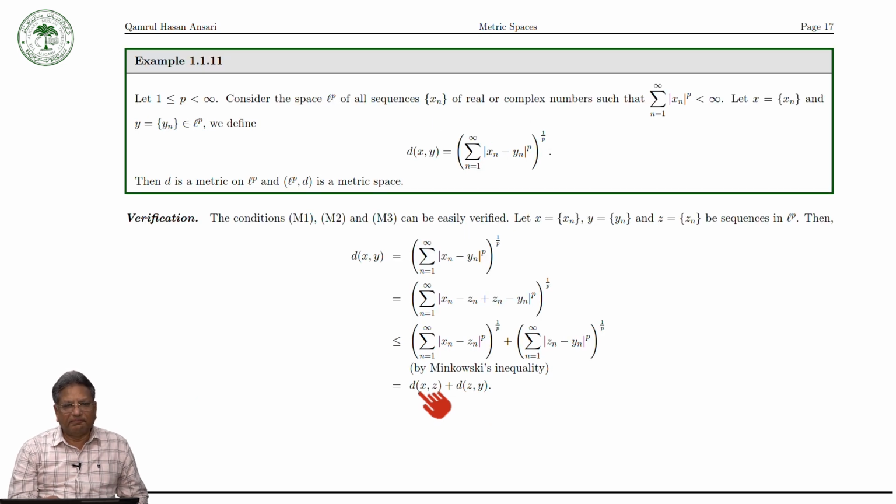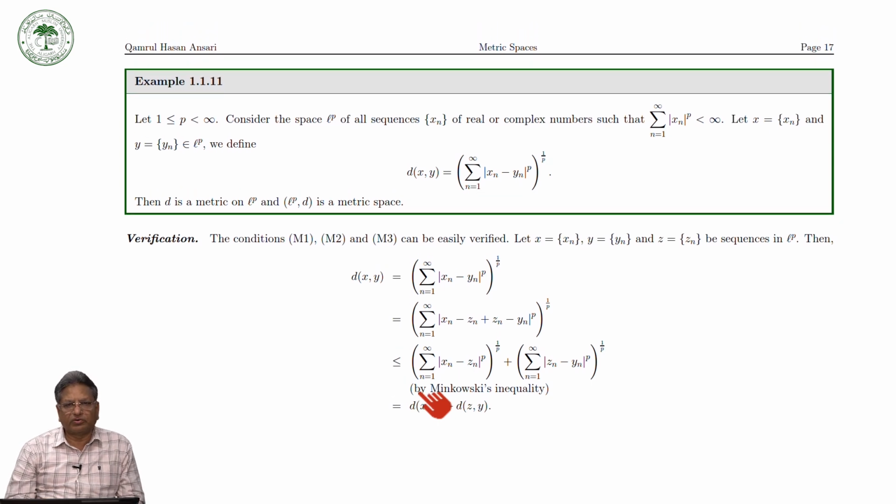Let us take another kind of sequence space. What is that? Let us take p greater than or equal to 1 and finite, and then we define L infinity. Keep in mind, we are taking two things, LP and L infinity.